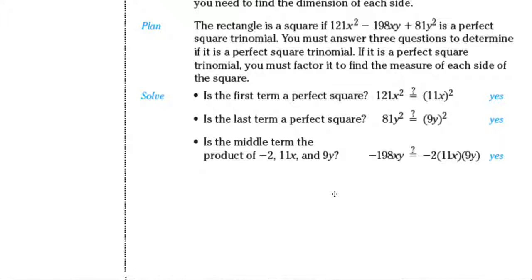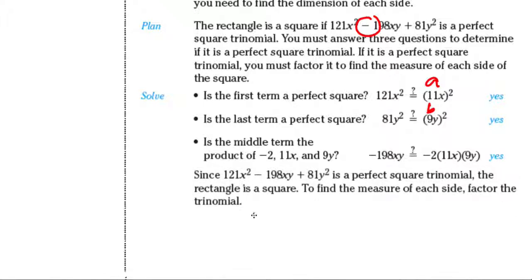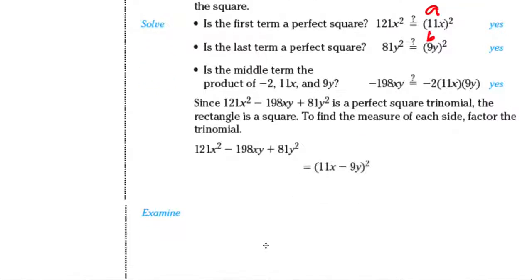With that done, all we need to do is find a and find b. In this case, our a is 11x and our b is 9y. And since this is a subtraction sign right here, we now get the difference, which becomes 11x minus 9y squared. So we simply follow the pattern now. Remember what the pattern is.